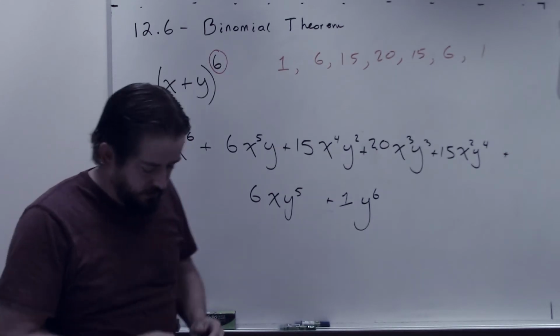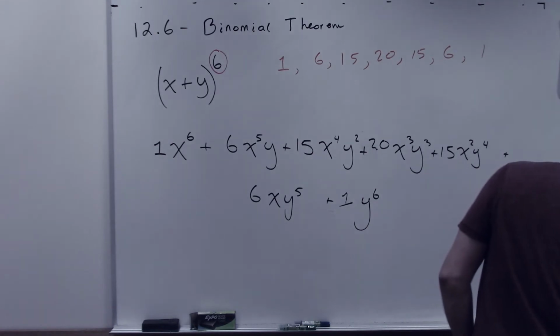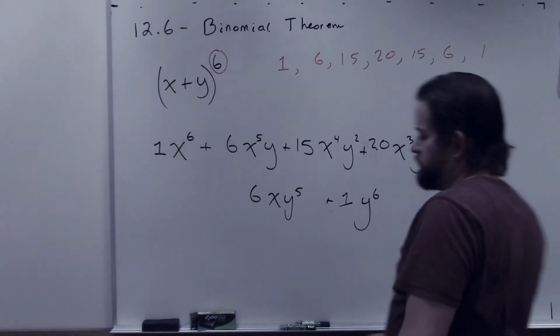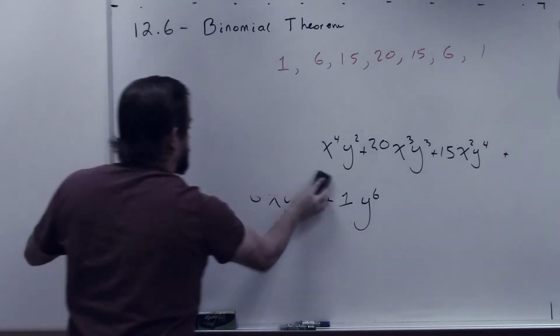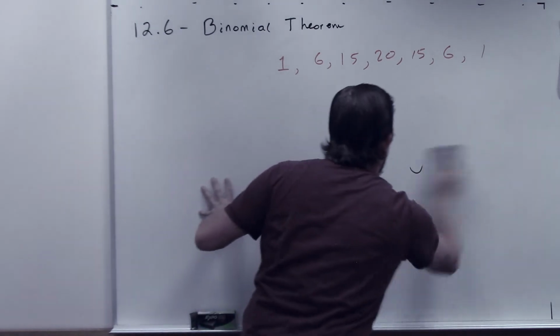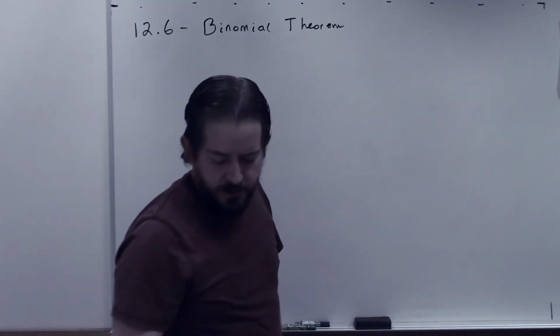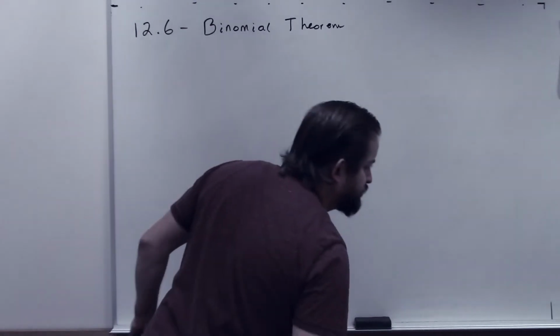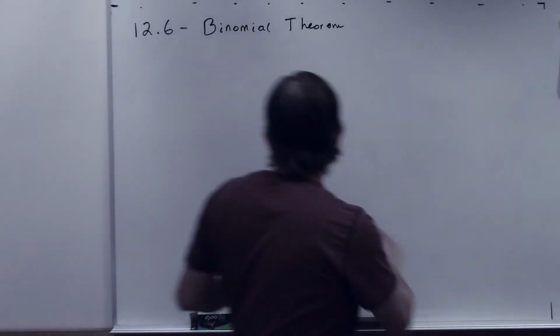All right, let's take a look at another one here. Let's look at 3. 3 is a good one to look at. Three also says use Pascal's triangle, but now we have 2x plus 1 to the 6th.